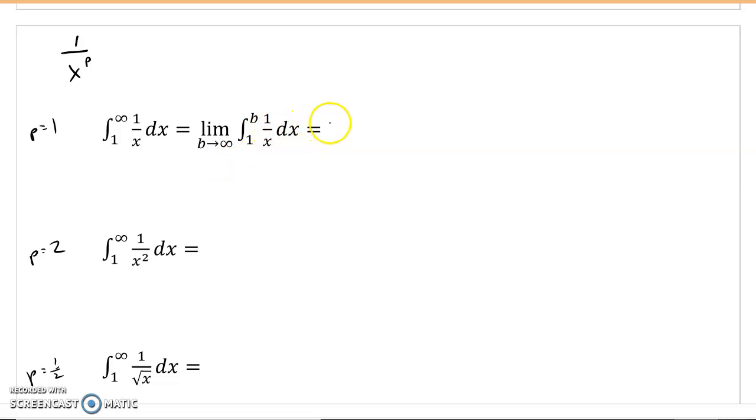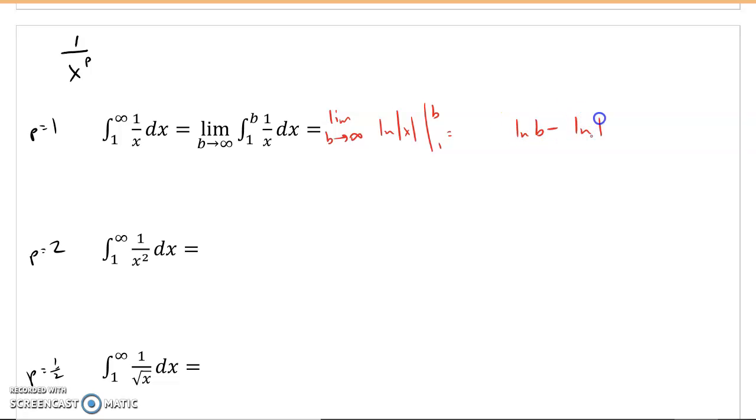We're going to take the limit as b approaches infinity of the antiderivative of 1 over x, which is the natural log of x, and we'll evaluate that at the bounds of b and 1. So that tells us we're going to take natural log of b minus natural log of 1, and we're going to see what that expression does as b goes to infinity.